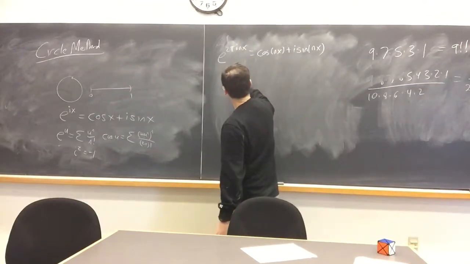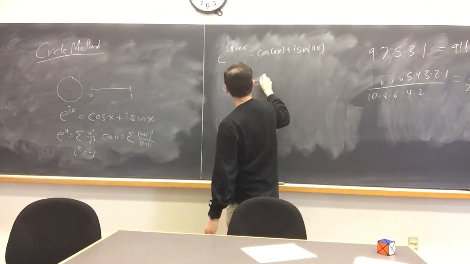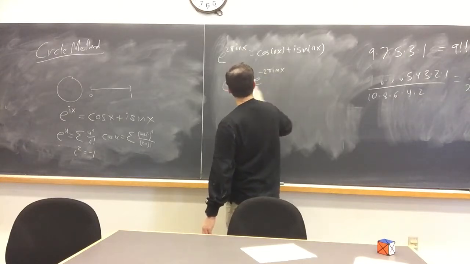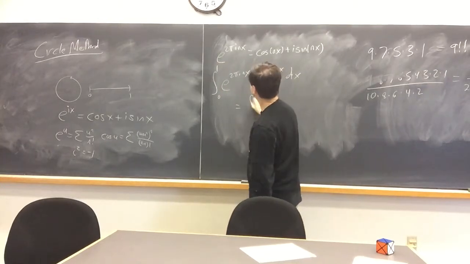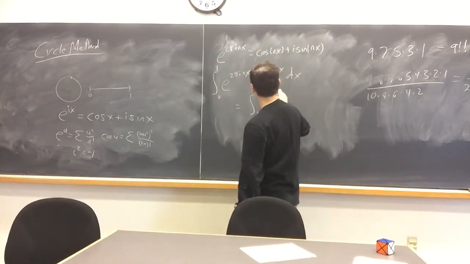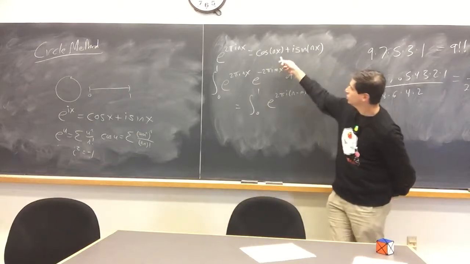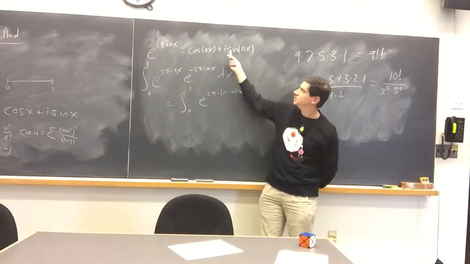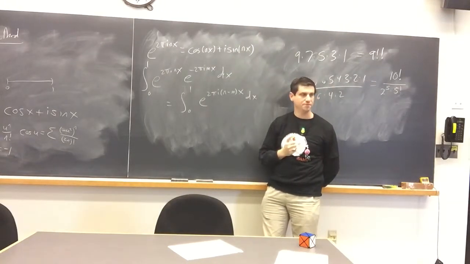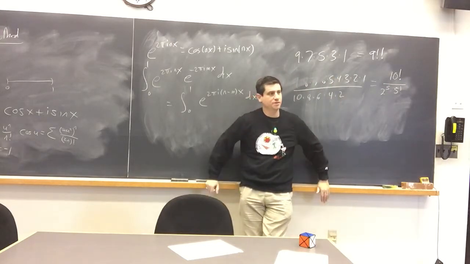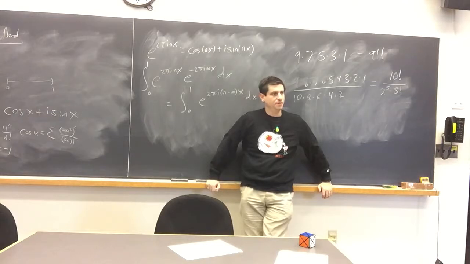If I take e to the 2 pi i nx and e to the negative 2 pi i mx, and I integrate this from 0 to 1, this is the integral from 0 to 1 of e to the 2 pi i (n minus m) x dx. So this would be cosine (n minus m)x plus i sine (n minus m)x. If you integrate cosine and sine over a full cycle, what do you get? 0.